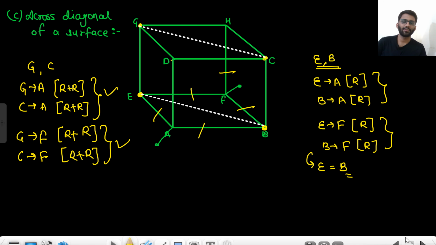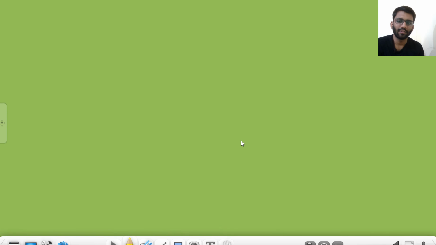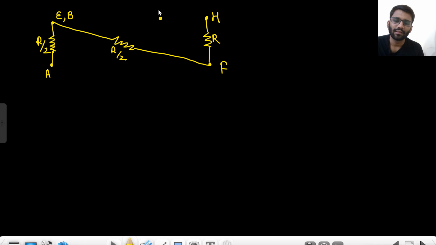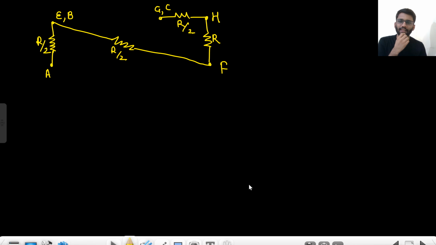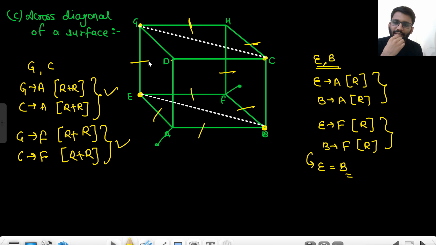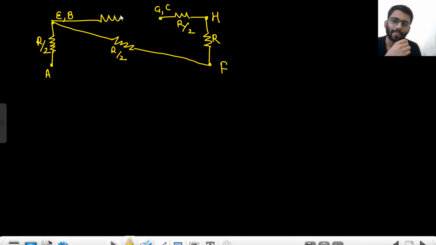Now H to G and H to C, this is R by 2. Now between E and G there is an R, between B and C there is an R. So it will also become R by 2.